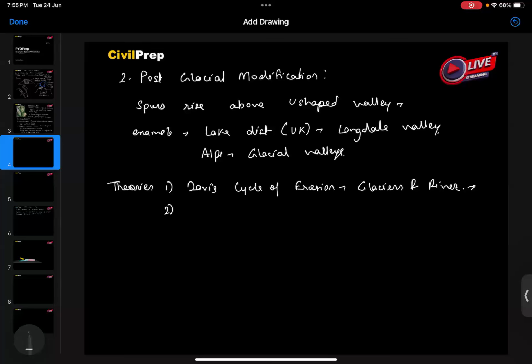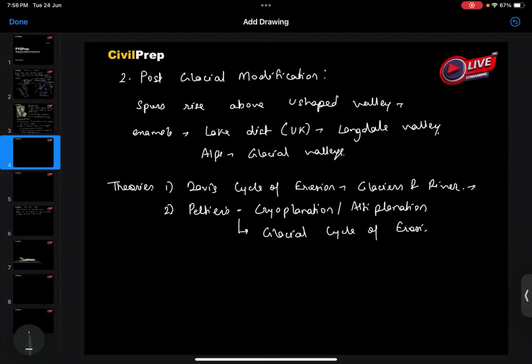Second thing, we can also apply here Peltier's cryoplanation or altiplanation, and it is also called the glacial cycle of erosion, which explains quite well.